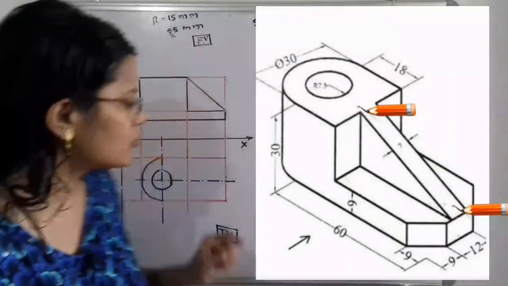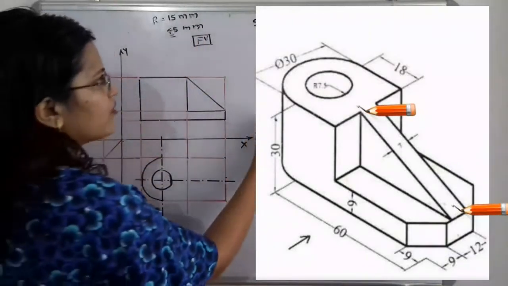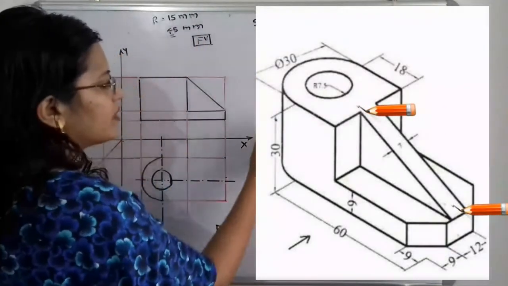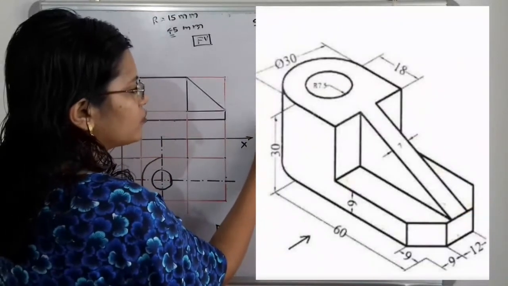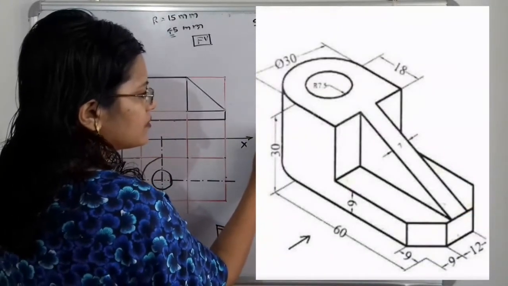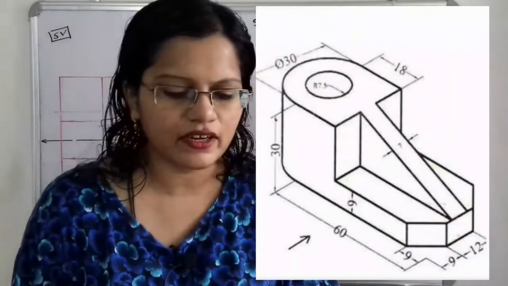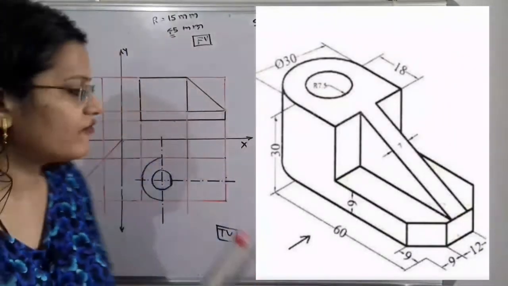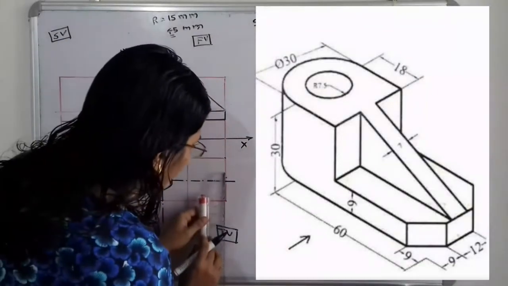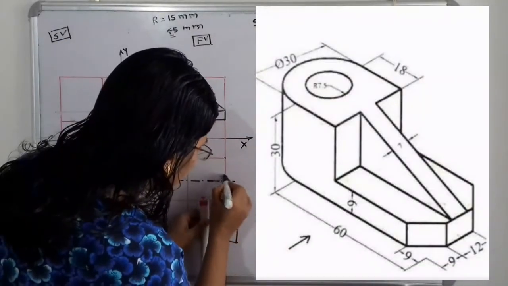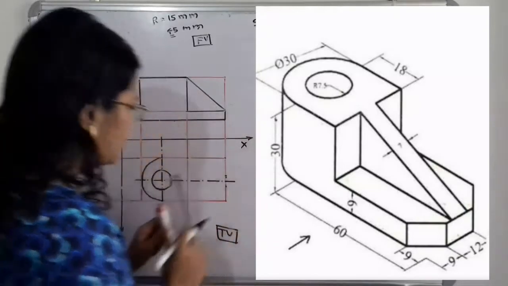Now our scale is 1:3, so 3.5 into 3 is equal to 10.5. So we have to select 2 points of 10.5 millimeter. I will select here 2 points of 10.5 millimeter.